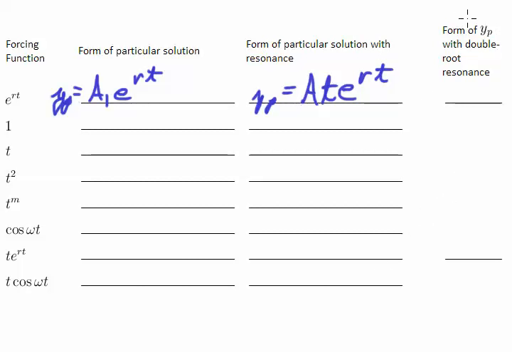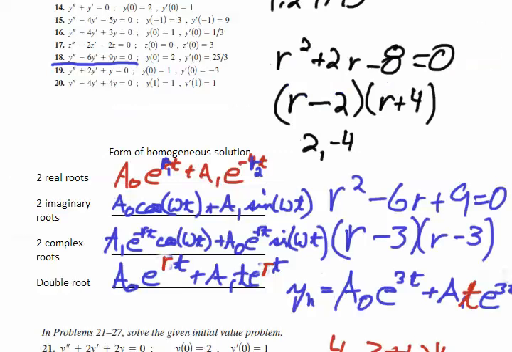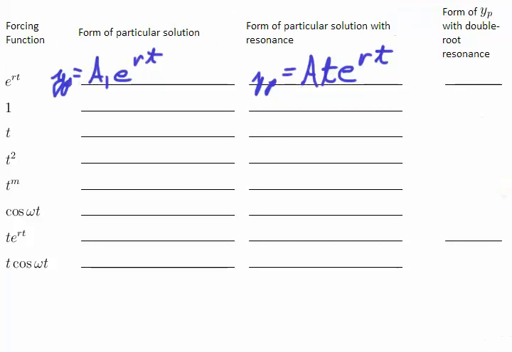And if we've got double root resonance, that means we've got this situation down here with a double root. And so we've got the r appearing twice, so that we can't use the t e to the rt. We would have to use a t squared e to the rt.